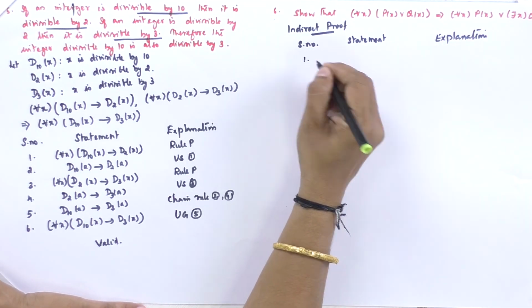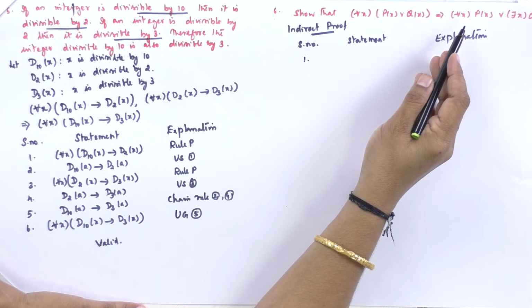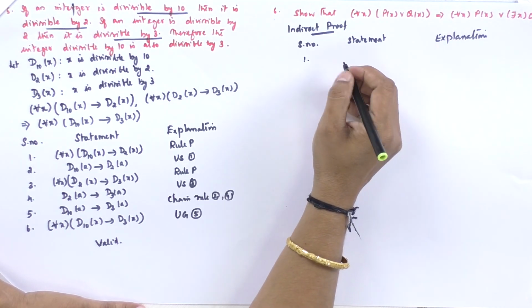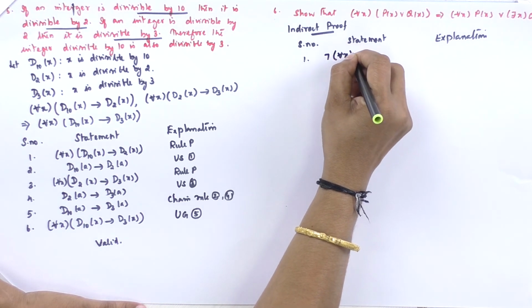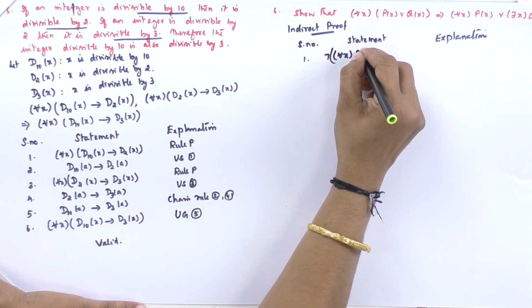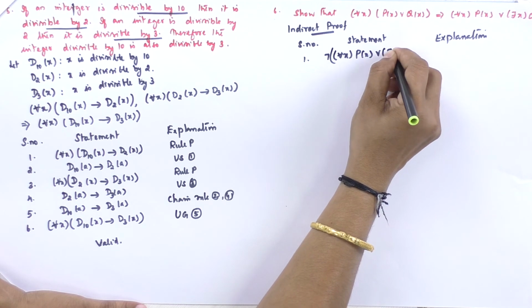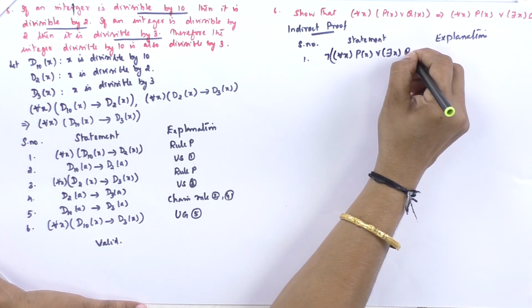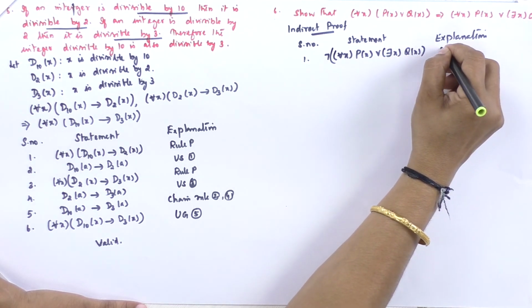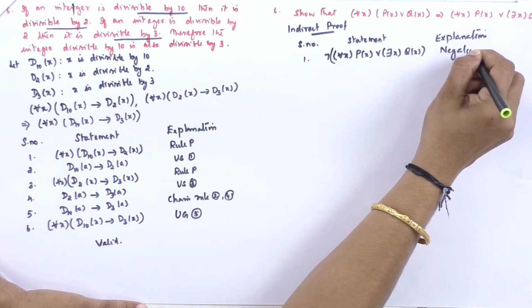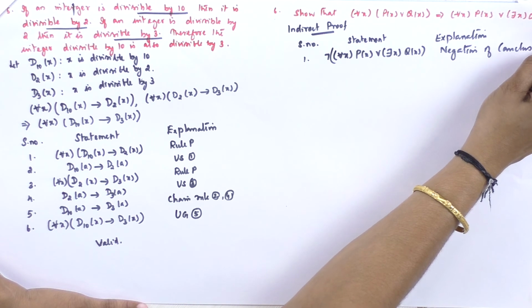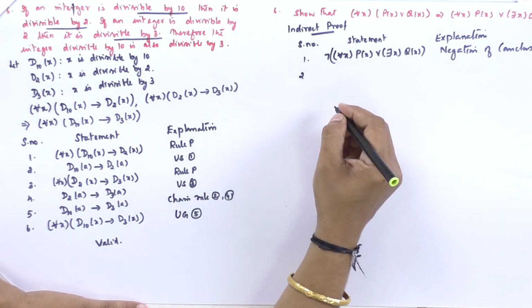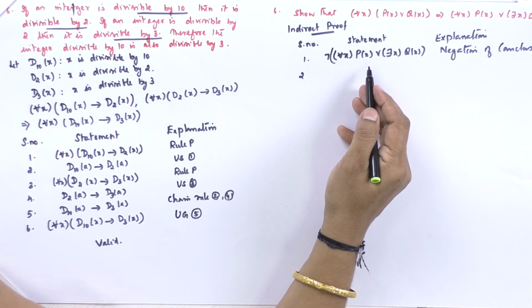Here, first I have to take the negation of the conclusion as the first and foremost step, that is negation of (for all x P of x or there exists x Q of x). That is the negation of the conclusion. Next we will simplify as far as we can.